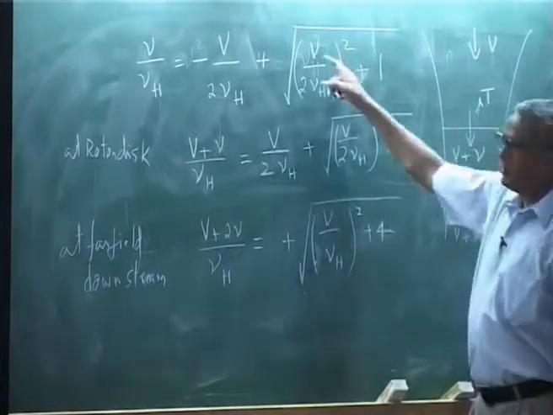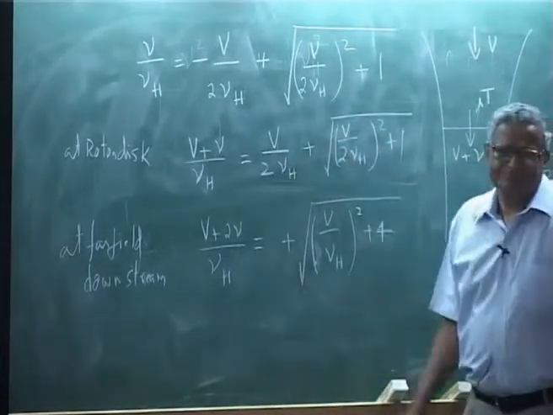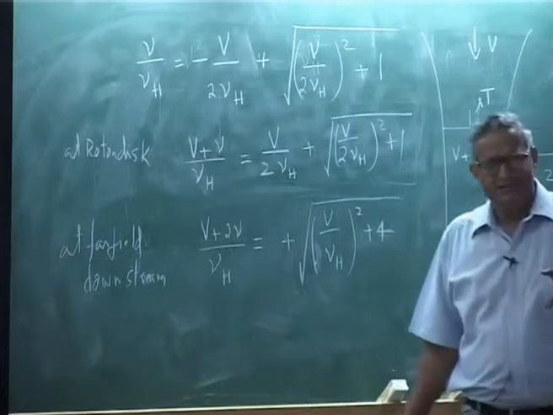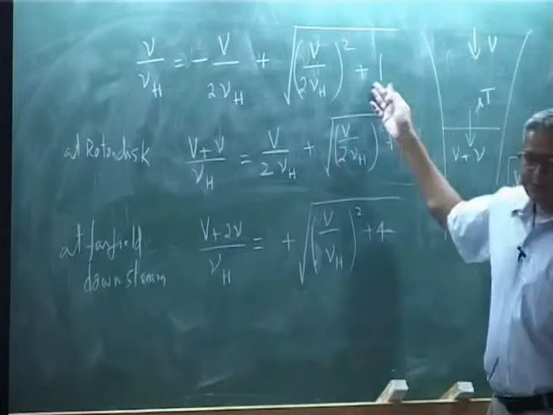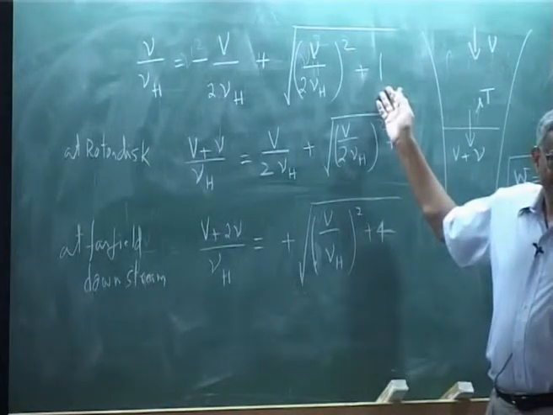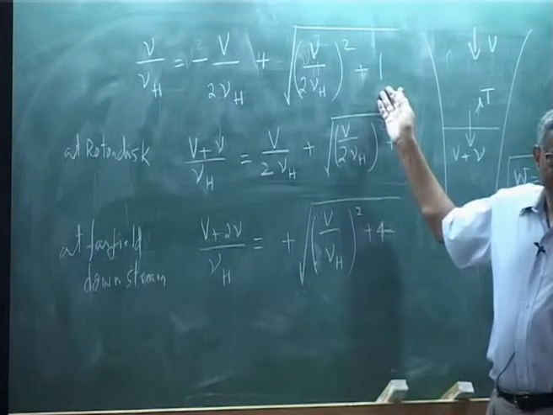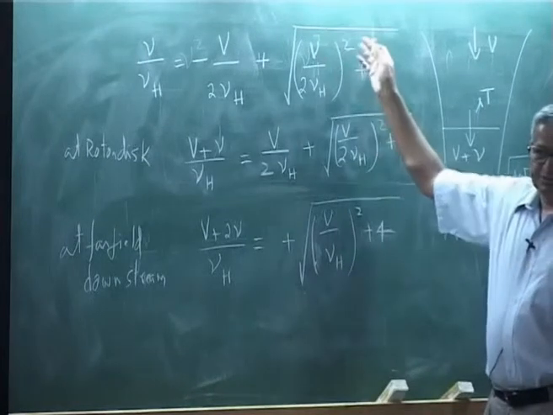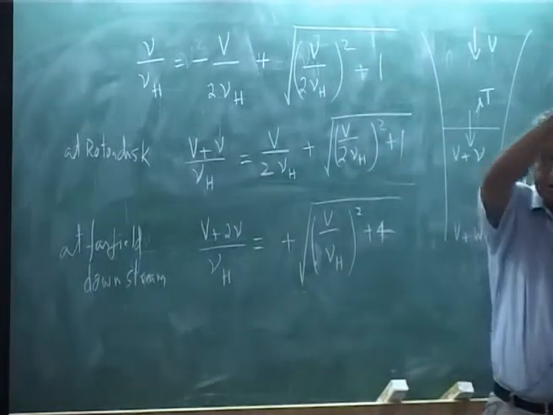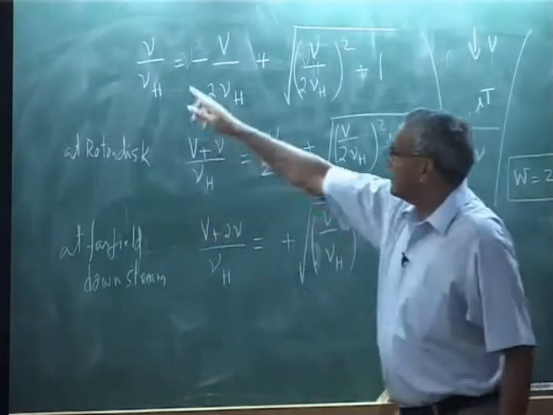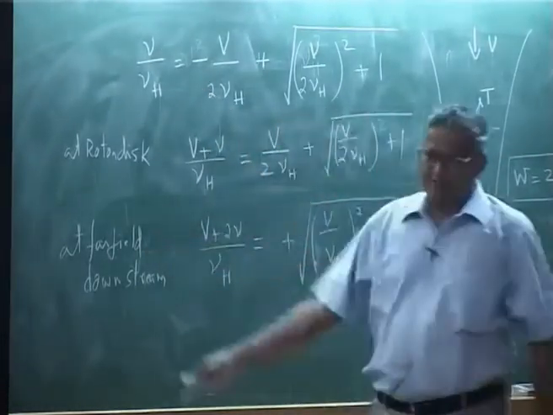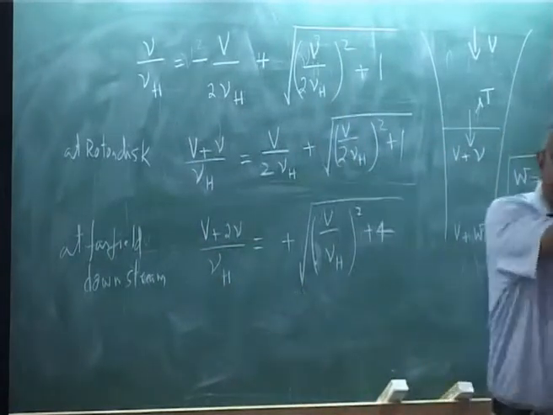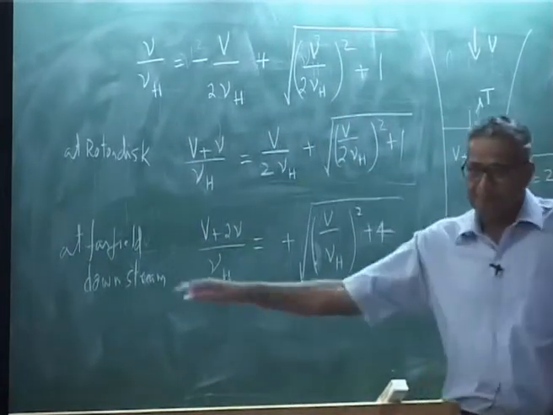When V over 2 nu h is quite large, you are assuming. Very large means then whether you add 1 or not, it really does not matter. Okay? Square root. You will approach asymptotically to low value, 0 value, technically very high infinite speed, it will become infinite climb speed, you will come.